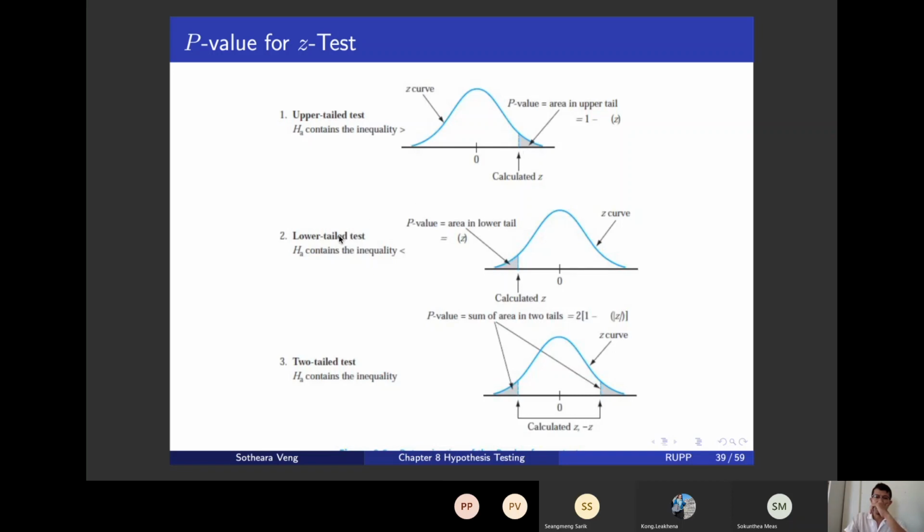And for the lower tail test, or the left tail test, the p-value is the area under the curve to the left of the computed z, or test value. And for the two-tailed test, you have to combine this area together.